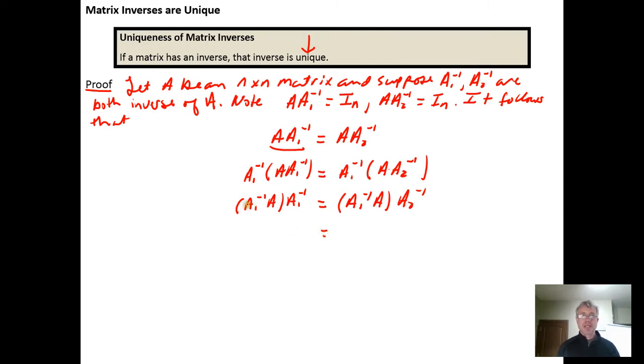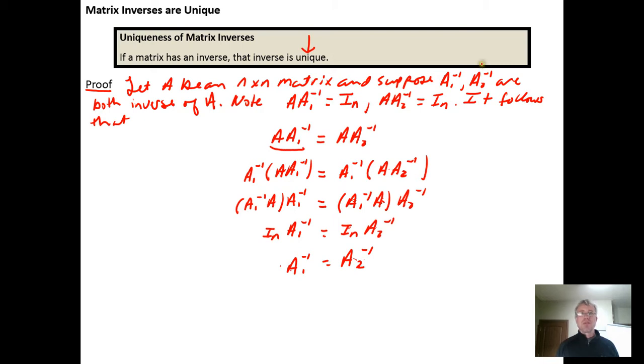And then we want to recognize that A sub 1 inverse times A has to be the identity matrix, because when you take the product of inverses, you get the identity matrix. The product of inverses gives you the identity matrix. And when we multiply the identity matrix times A sub 1 inverse, it's going to preserve the identity of A sub 1 inverse. The identity matrix times the matrix A sub 2 inverse preserves the identity of that matrix. And now we see that the two matrices must be the same. They're equal to each other.